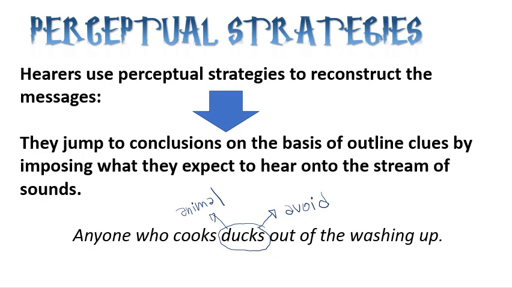Do you understand? So these perceptual strategies, this jumping to conclusions and making hypotheses about how the sentence is formed and what it means, in general is very, very useful because we will arrive at the right conclusion. But sometimes it may hinder communication. It may lead to misunderstanding because you construct the meaning in an incorrect way.